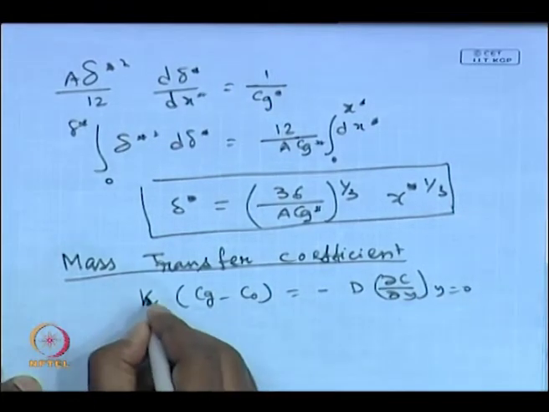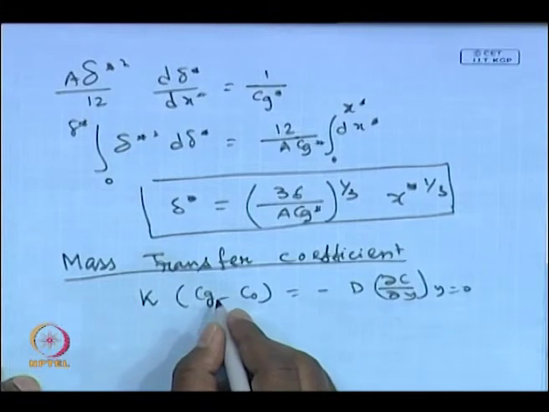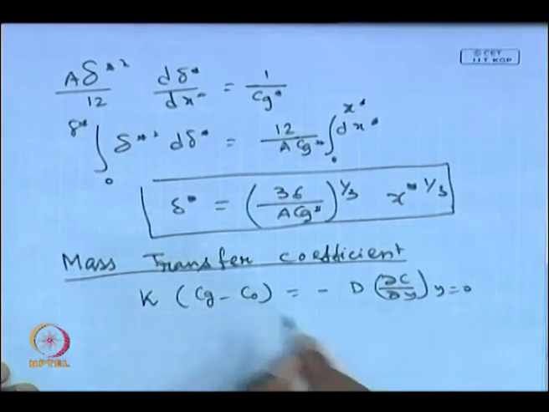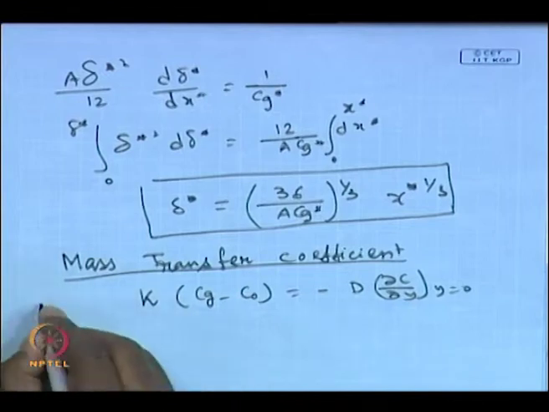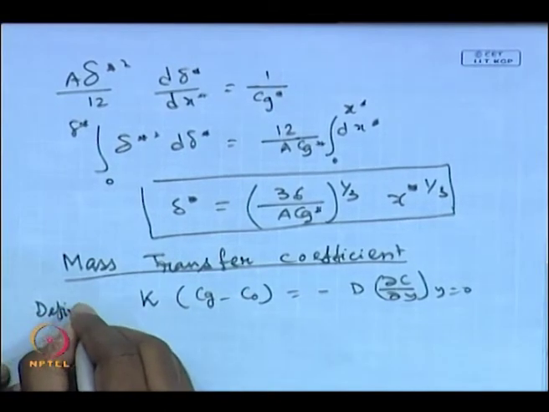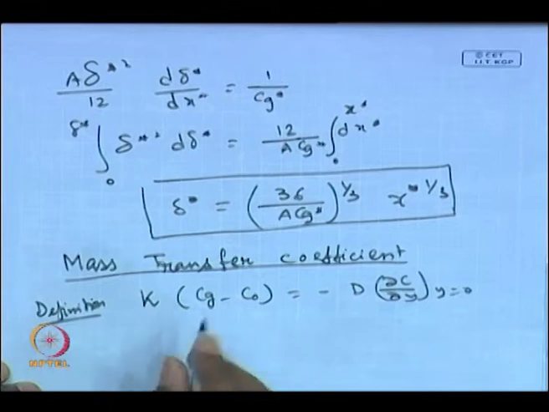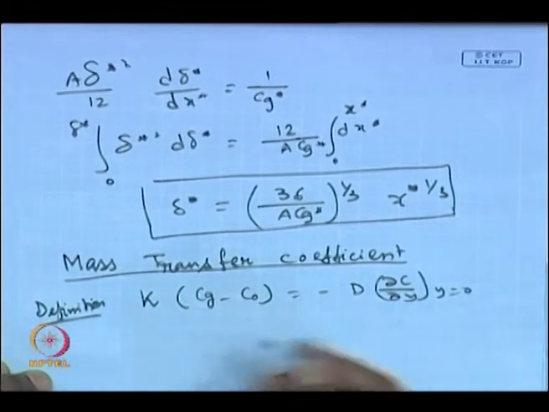So, this is the mass transfer coefficient. Cg is the concentration at the lower surface, C naught is the bulk concentration. So, that is by definition.